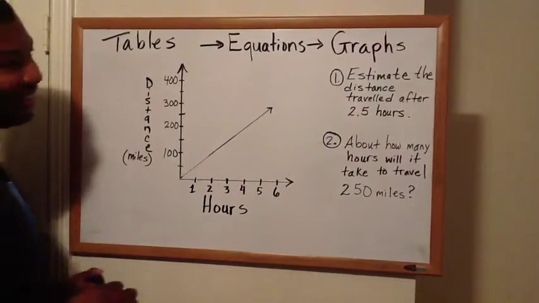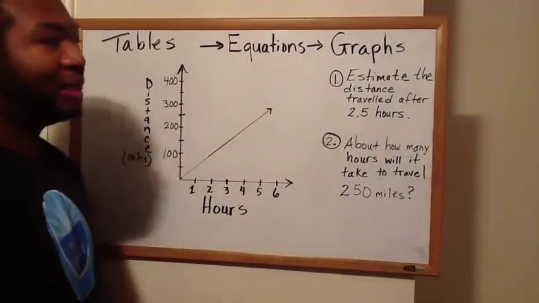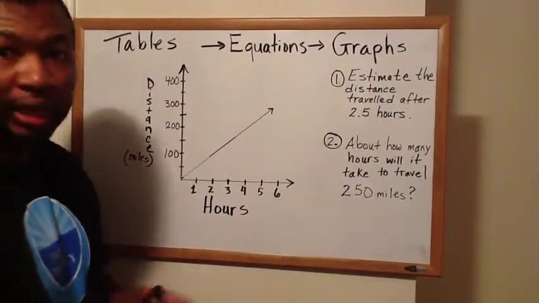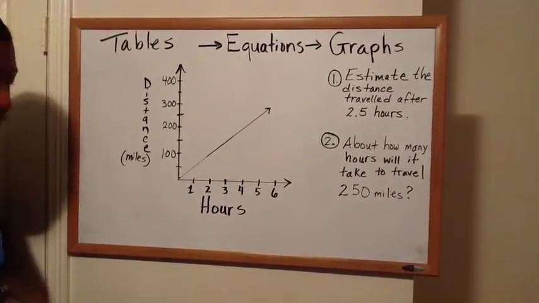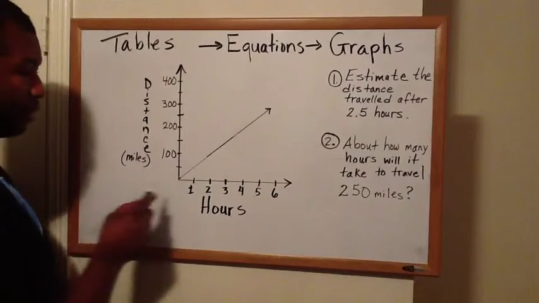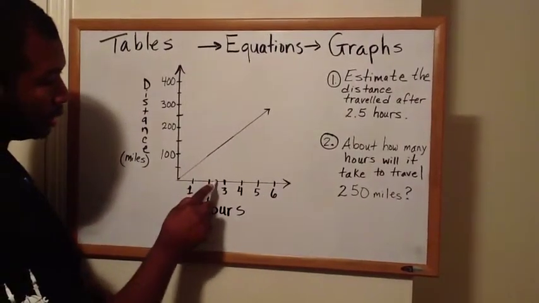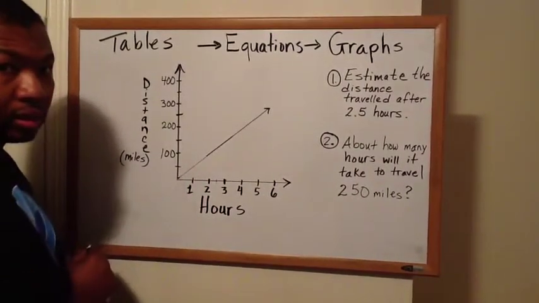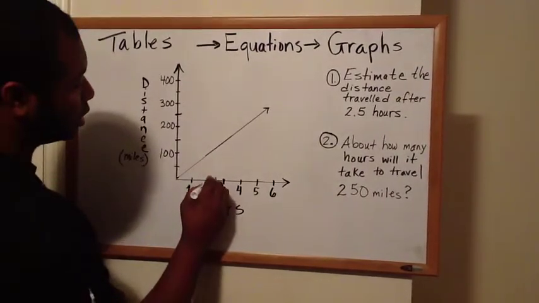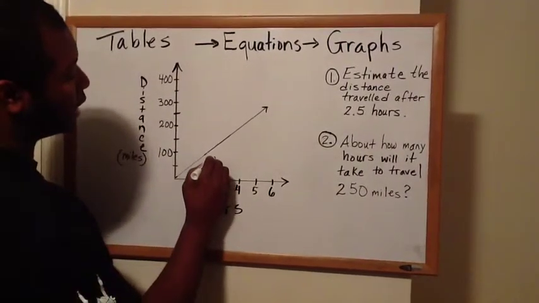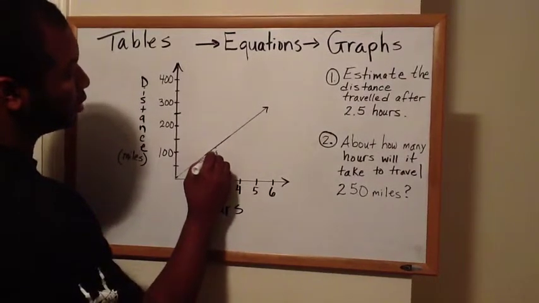Alright, so first part, estimate the distance traveled after 2.5 hours. So, like so. 2.5 hours. That is about right here on my x-axis. I'm going to extend this imaginary dotted line up to the actual graph.